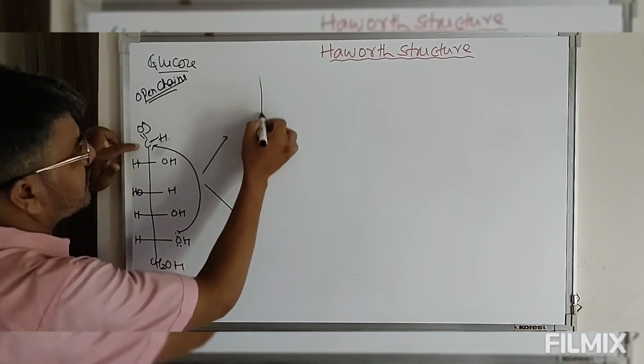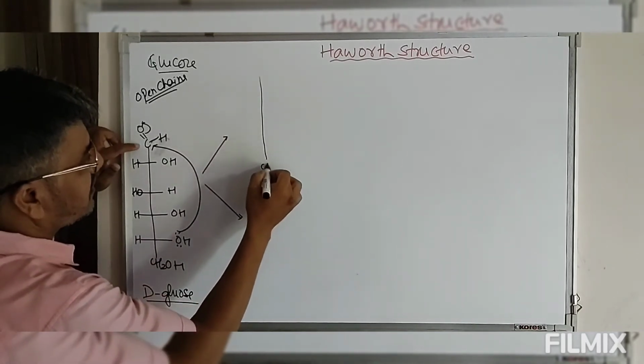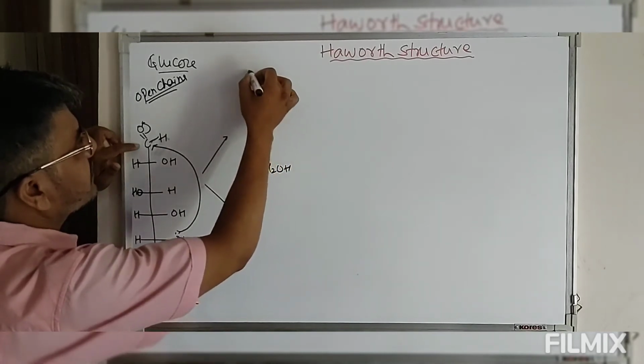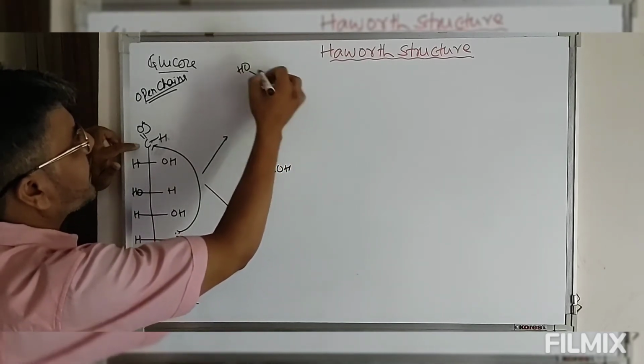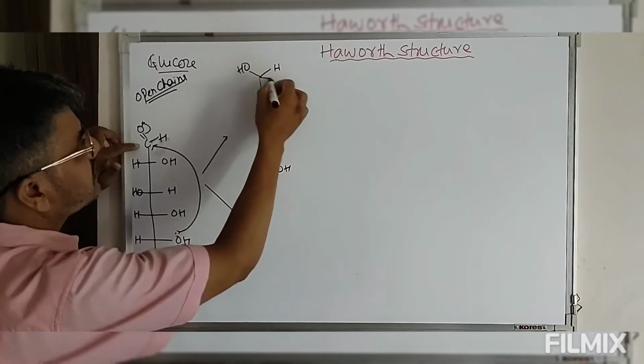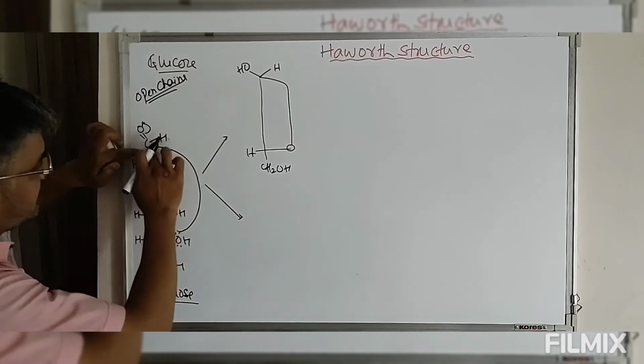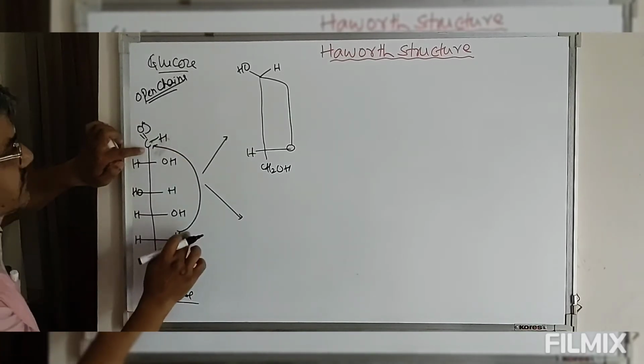So take this CH2OH, we say this is OH, this is hydrogen. Now we have this CO, so this is the carbon oxygen bond.